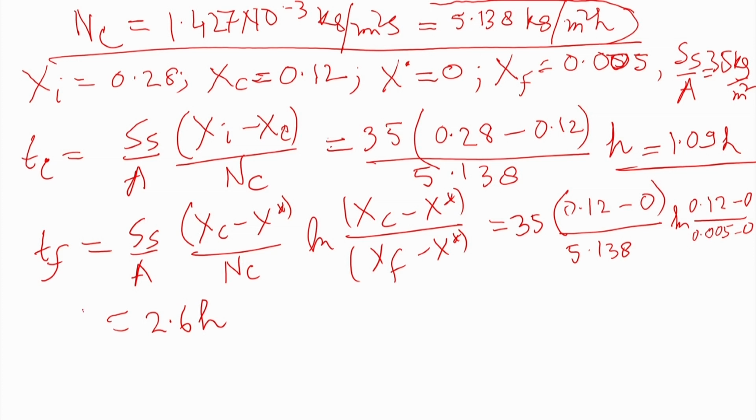So, now you see the time in the constant drying period is only 1.09 hour, whereas the time in the falling rate period is 2.6 hour.